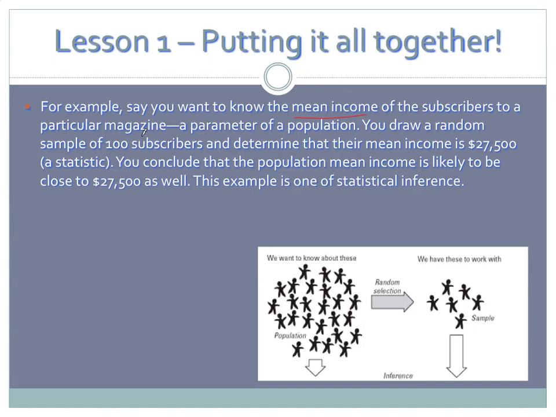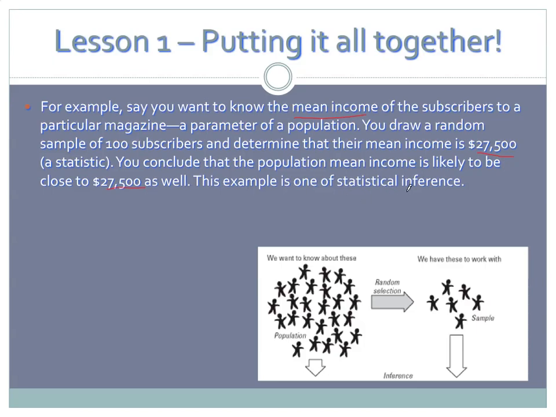You draw a random sample of 100 subscribers and determine that their mean income is $27,500 a year. This is a statistic. We can conclude that the population mean income is likely to be close to $27,500 as well.